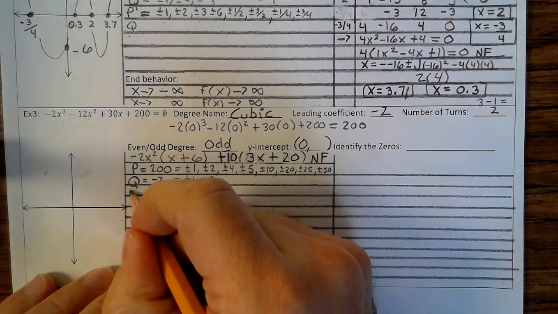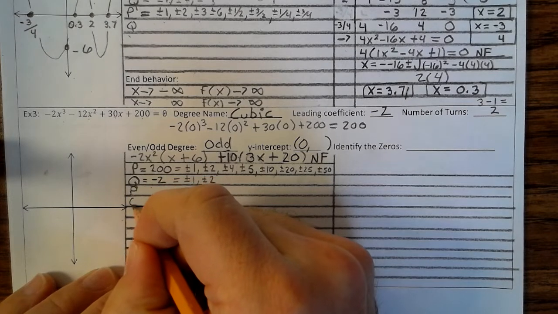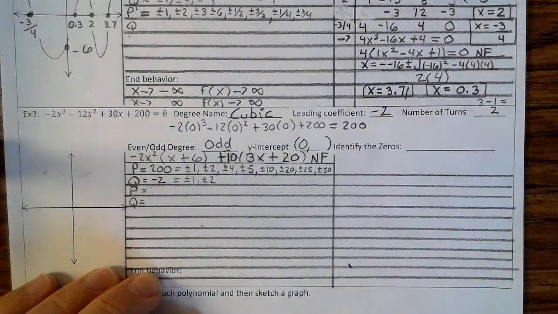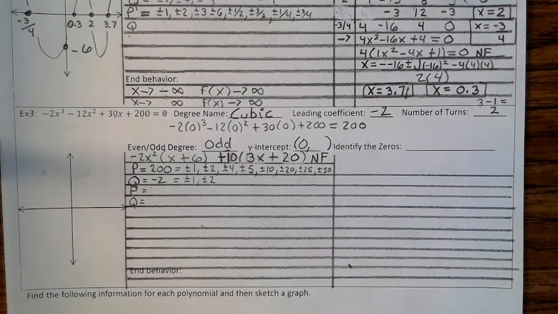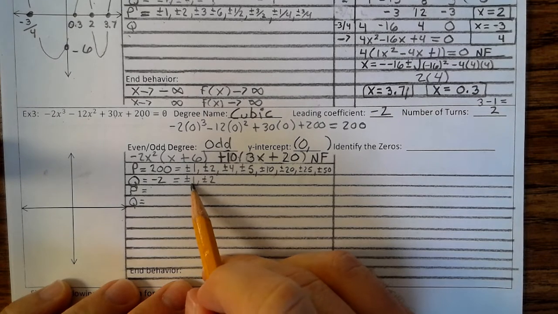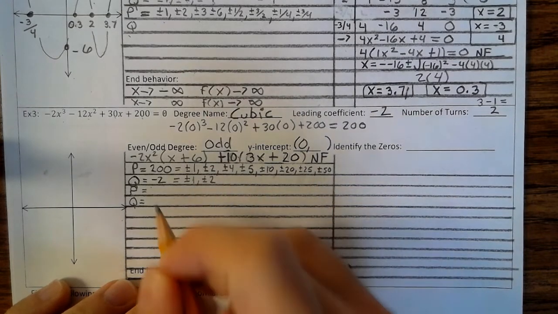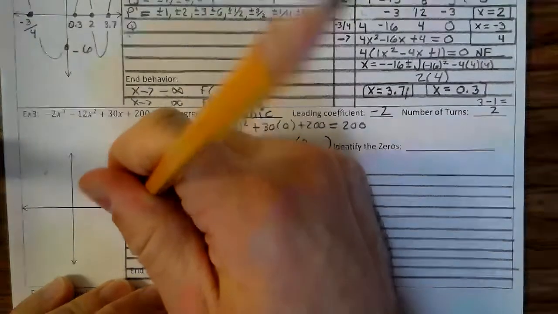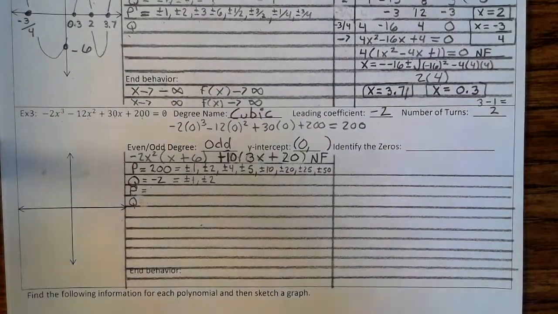Now, we need to divide by 1 here. We're just doing P divided by Q here.